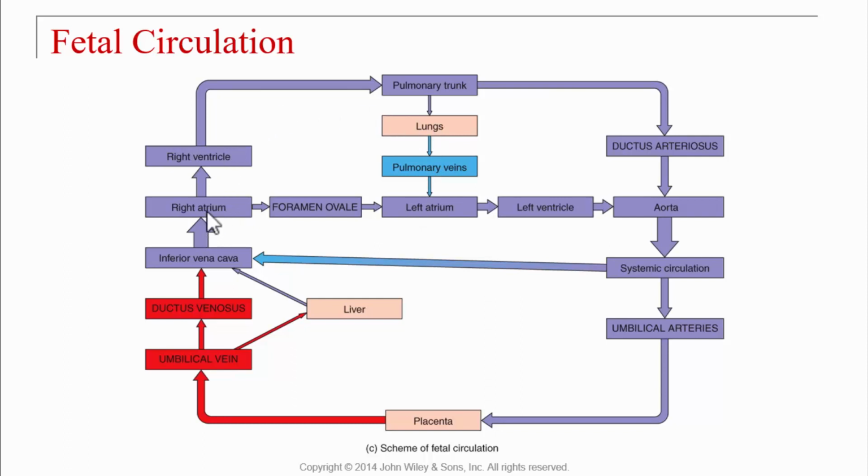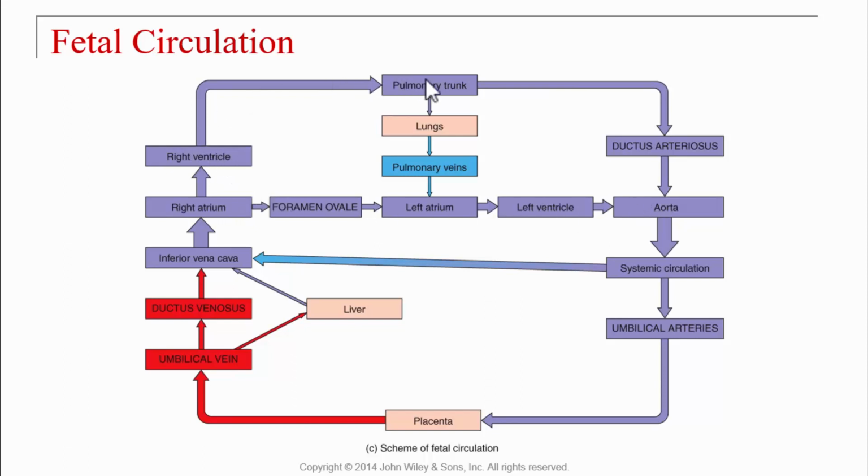Some of that blood is going to bypass and go from the right side of the heart, the right atrium, through the foramen ovale into the left atrium. By the way, we call that a right to left shunt. Okay, we're shunting blood from the right heart to the left heart. From the left atrium then, it goes into the left ventricle, into the aorta.